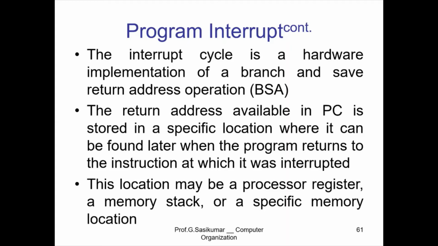If it is a plain register operation, the accumulator is more than enough. For executing this, with the program counter, we need BSA, branch and save return address operation. Branch and save is a conditional execution: if the password is correct, allow the person; if the password is wrong, deny the person. So BSA along with the program counter will take care of program interrupt.